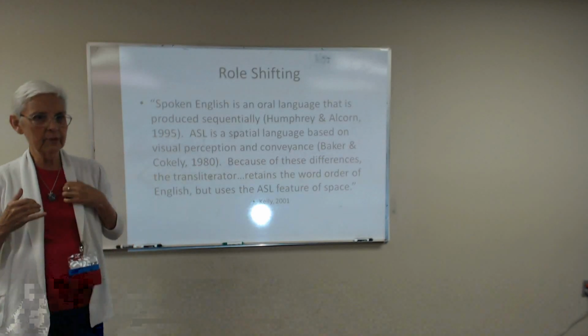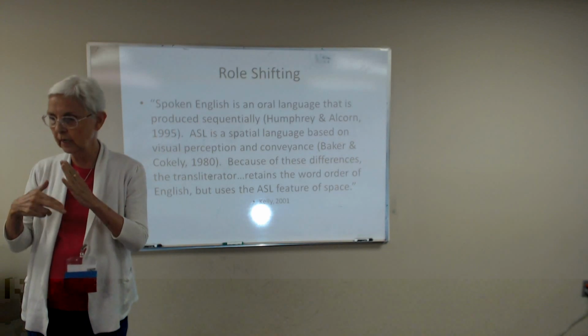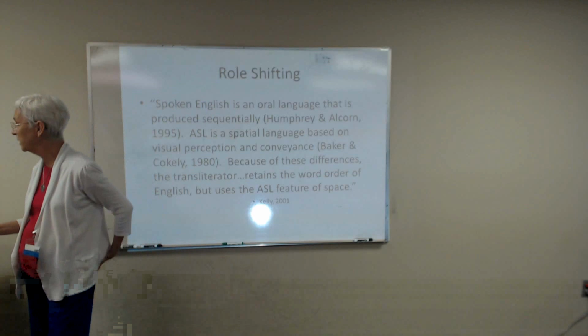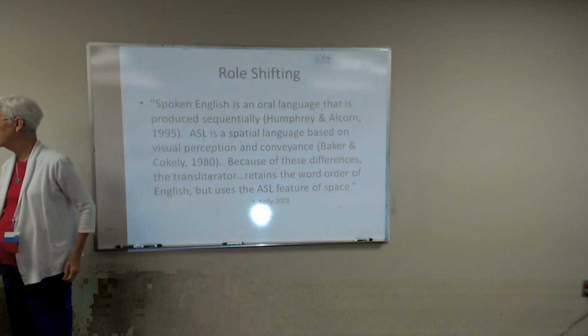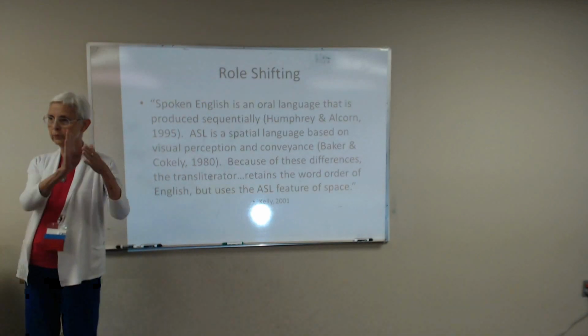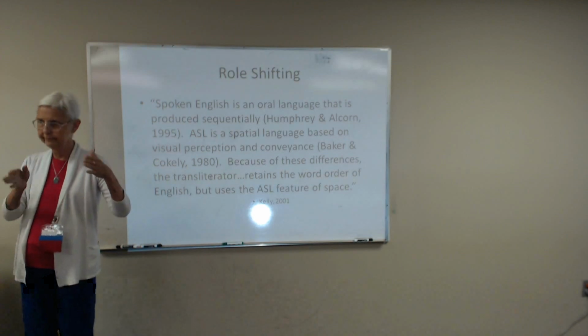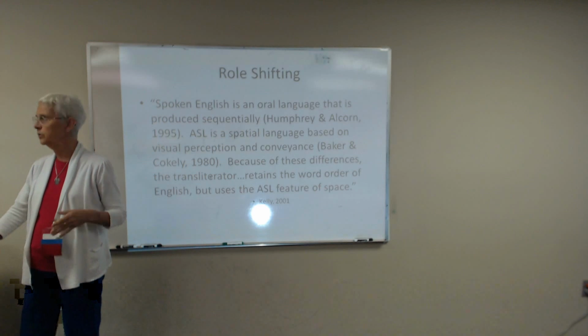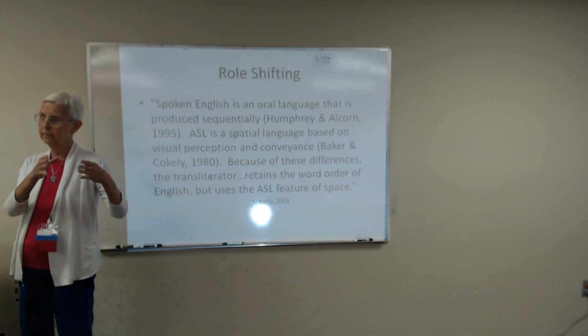Okay, so today we were going to focus on what we call role shifting. It's because spoken English is an oral language that's produced sequentially, and most of the time in English, the order is important.